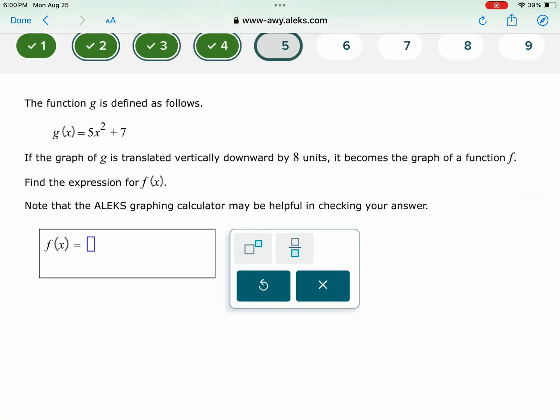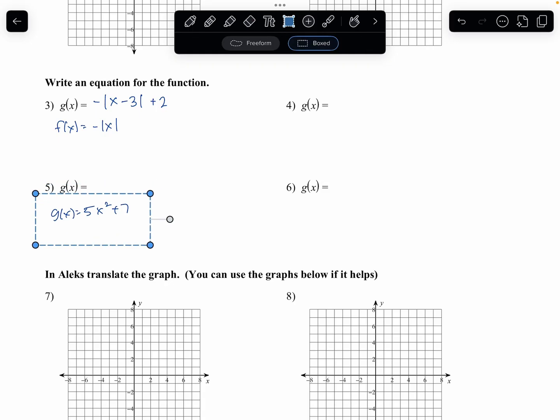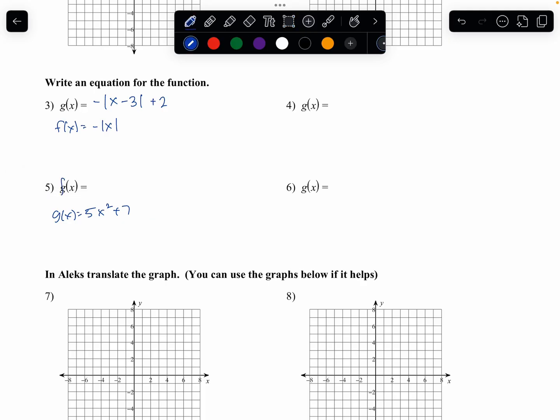It's called g of x, and they want us to write an expression for f of x, so we'll call this f of x instead of g. Let me give myself a little bit more space. And we'll call this f right here.